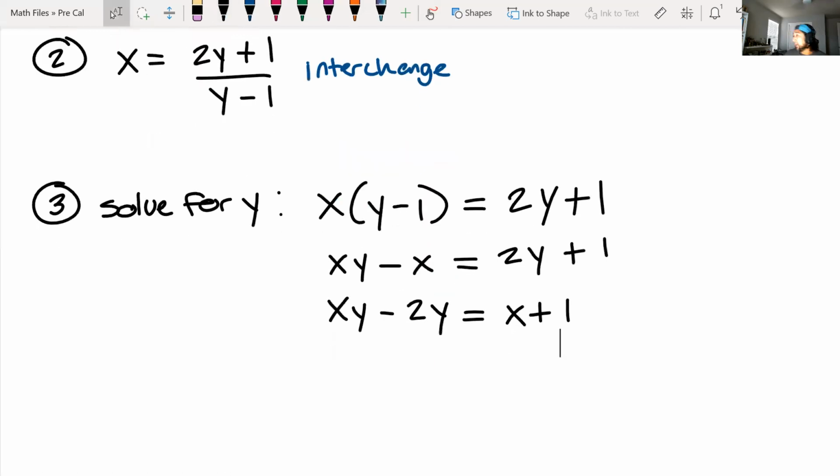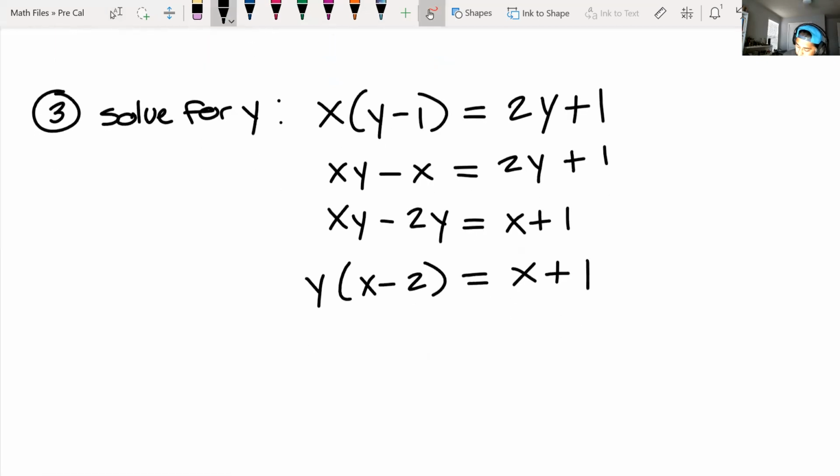All right. And now remember again that you're solving for y. So what are you going to do on the left side? Factor out the y, divide x minus 2 to the other side. Good. Factor out a y and then divide by x minus 2. And y equals x plus 1 over x minus 2.